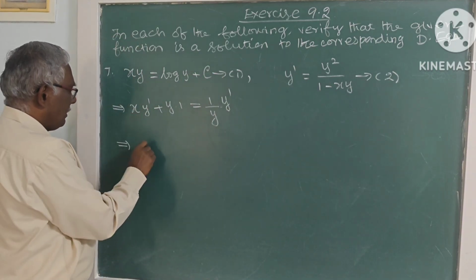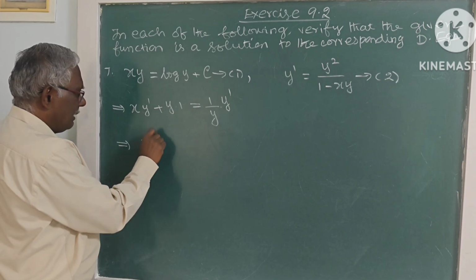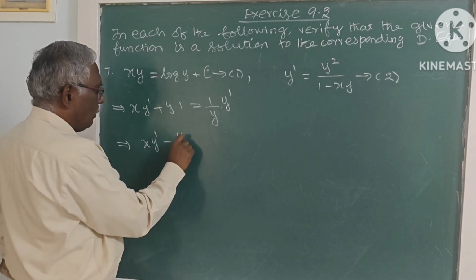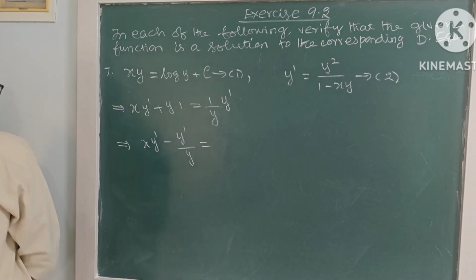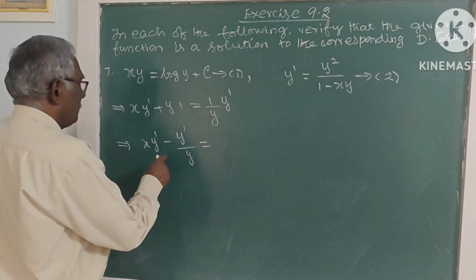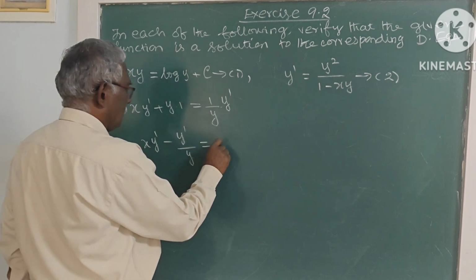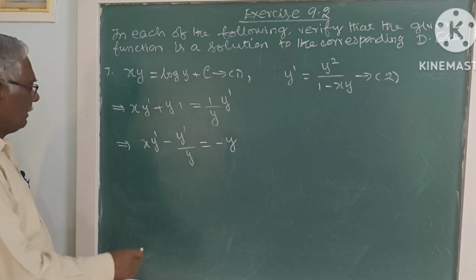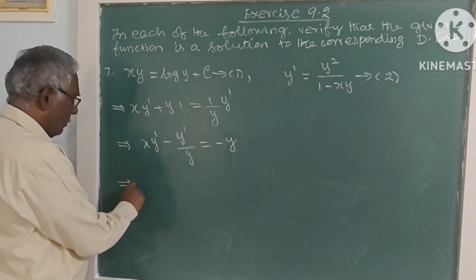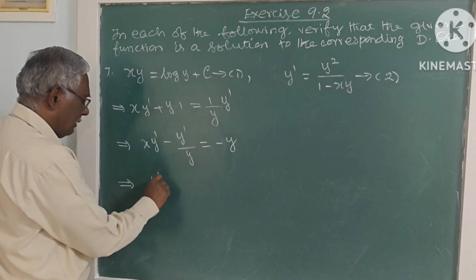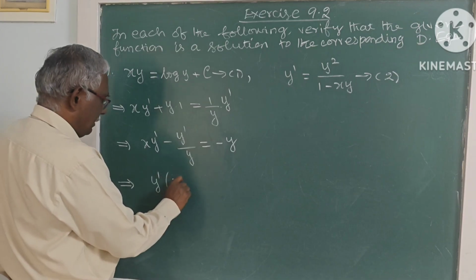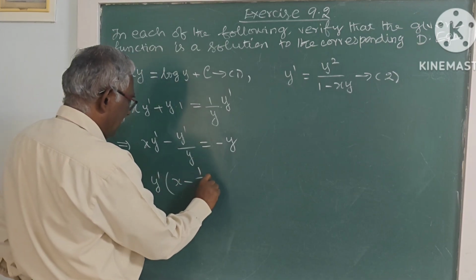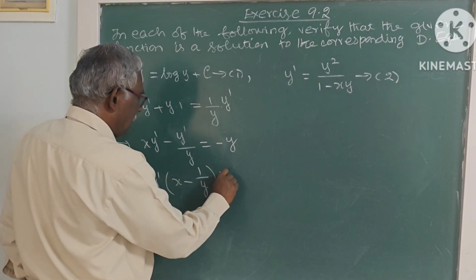Now, we'll take y dash to the left hand side. Now we'll take y dash commonly outside. We get x minus 1 by y is equal to minus y.